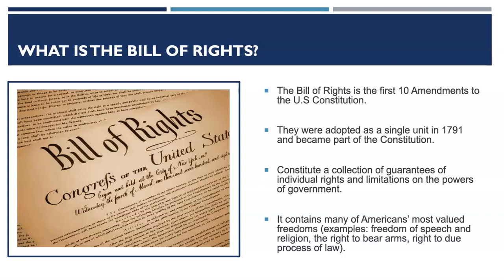Originally, he wrote 19 amendments, and then it was narrowed down to 17, then 12 by the House and Senate, and finally, the 10 amendments that we know today as the Bill of Rights were ratified on December 15, 1791, and they became part of the Constitution.